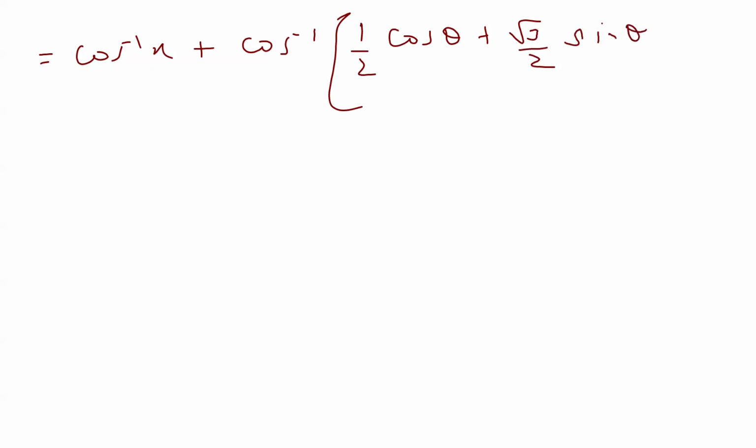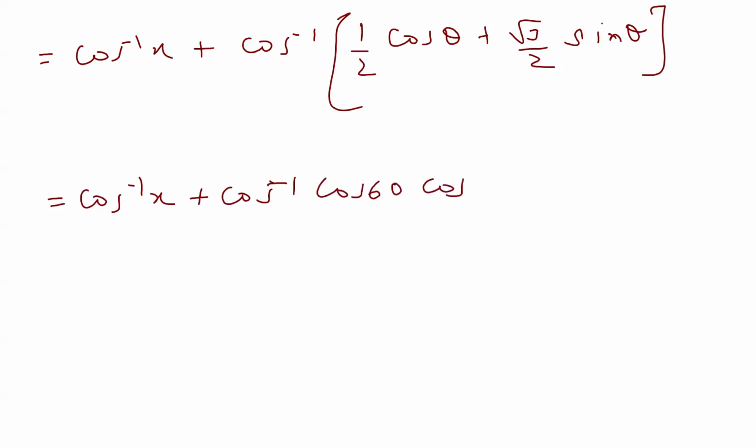So cos inverse of x plus cos inverse of half into cos theta plus root 3 by 2 into sin theta. Now half I am writing as cos 60 because outside there is cos, and root 3 by 2 I'll write as sin 60.